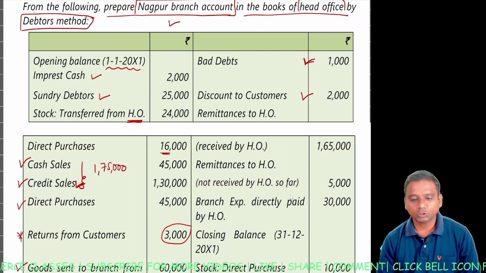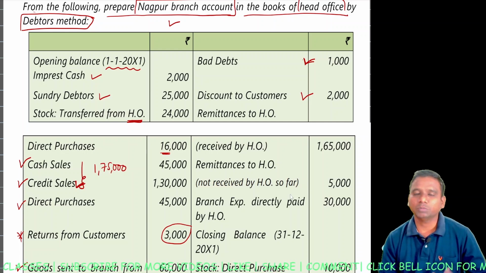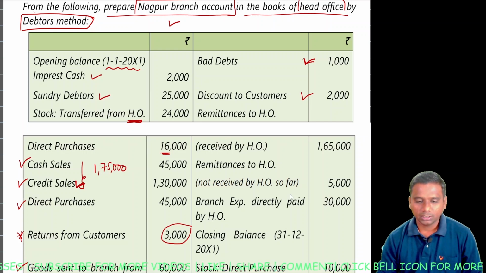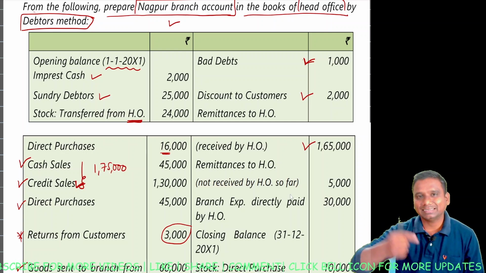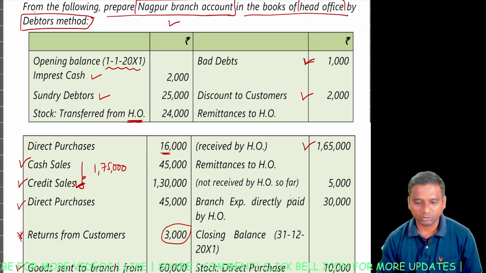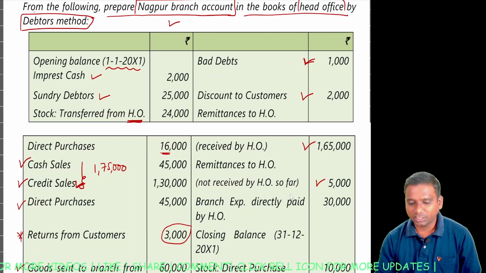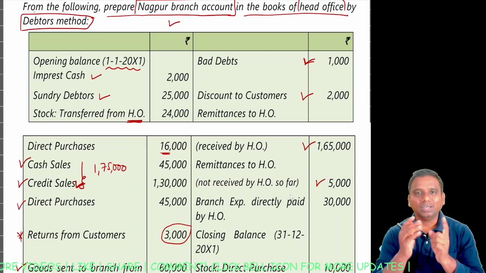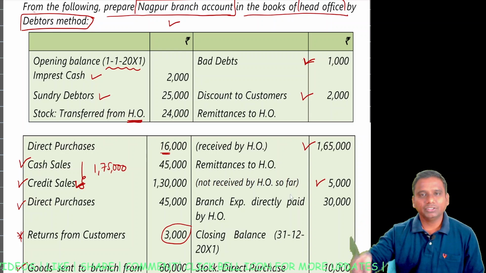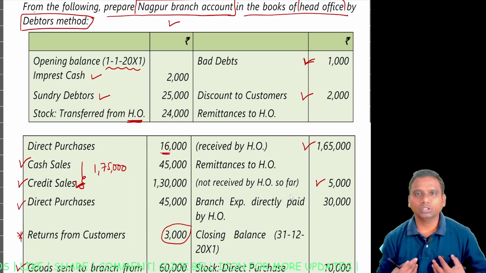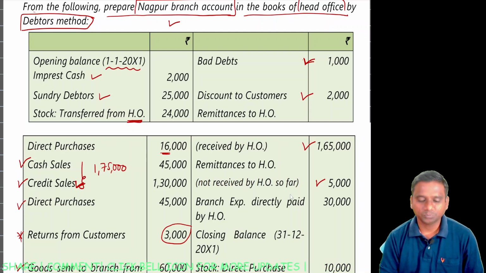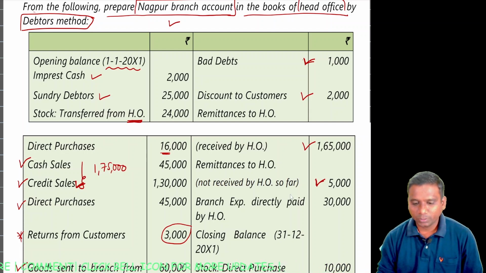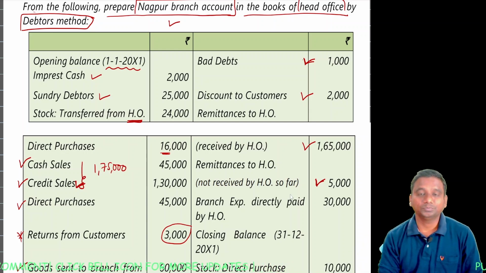Next, remittances to head office, by the branch. Received by head office 1,65,000, and not received by head office so far 5,000. The 1,65,000 rupees the branch sent were also received. What is the entry? Cash or bank account debit to branch account. Now the remaining 5,000 rupees the branch sent, but head office has not received.